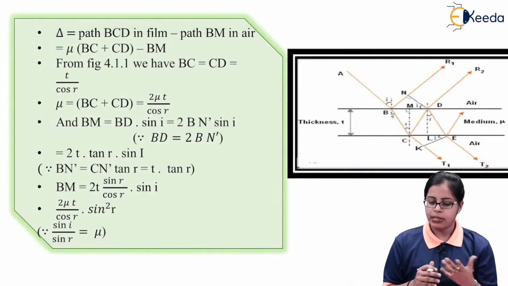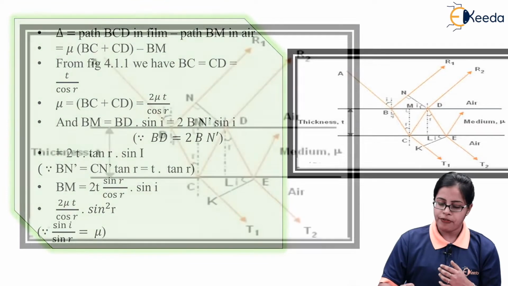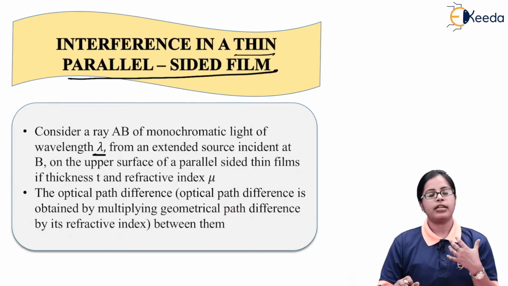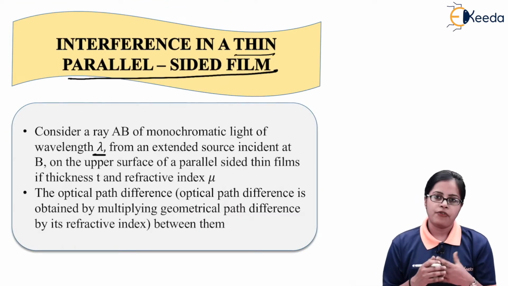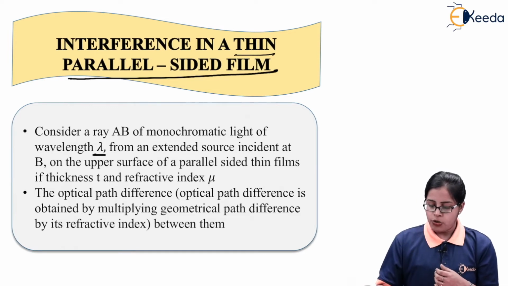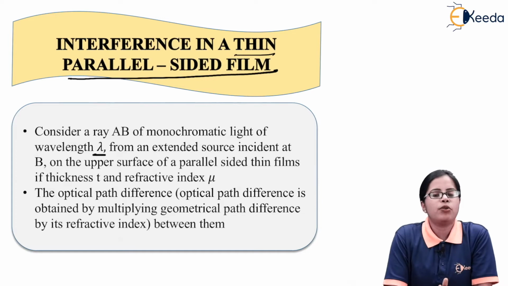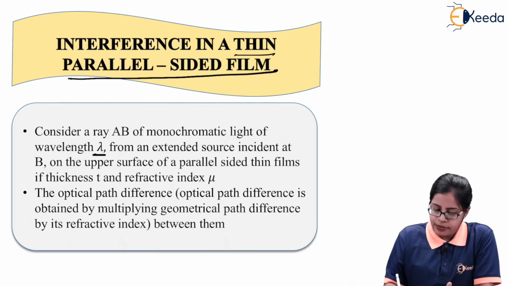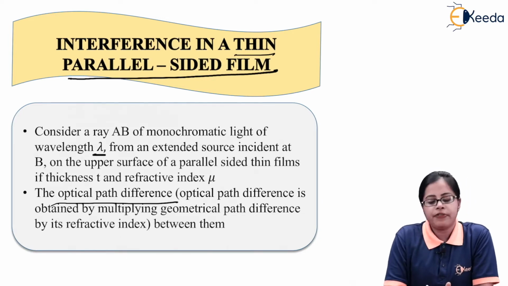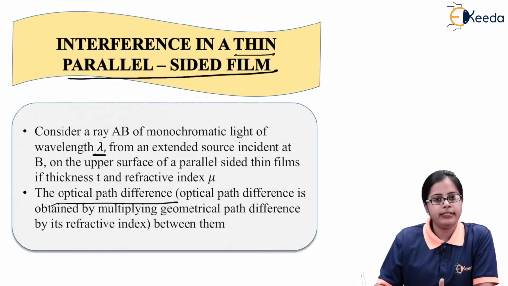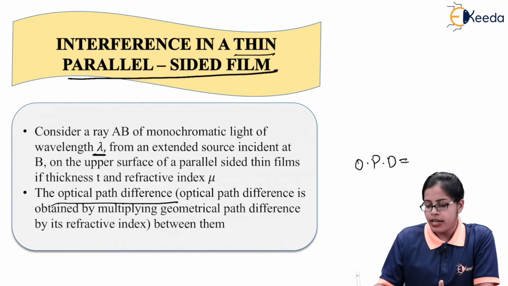Now let's proceed with the mathematical part of getting the condition for interference. Once again, I remind you that whenever we want to calculate an optical path difference, it is always written as mu times the geometrical path difference.